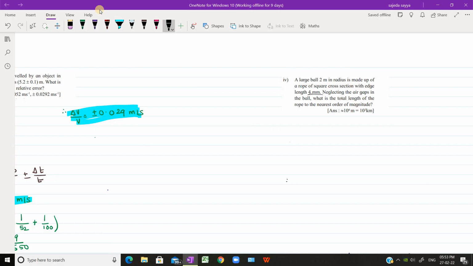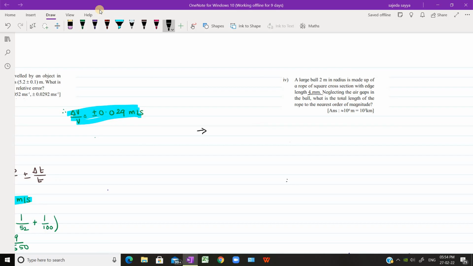Neglecting the air gaps in the ball, what is the total length of a rope to the nearest order of magnitude? So we are asked to find the order of magnitude.